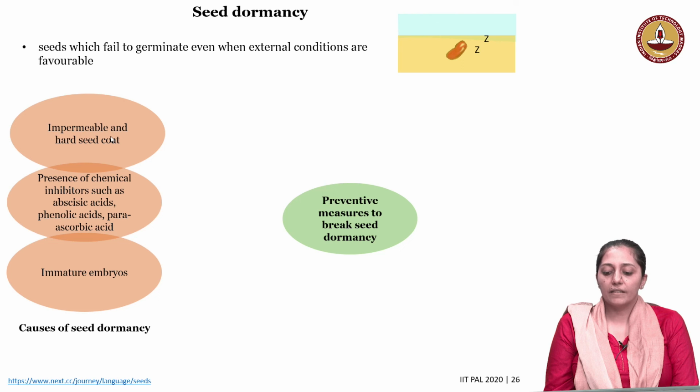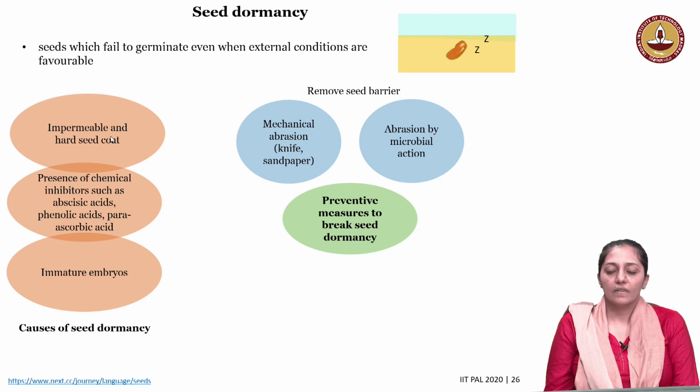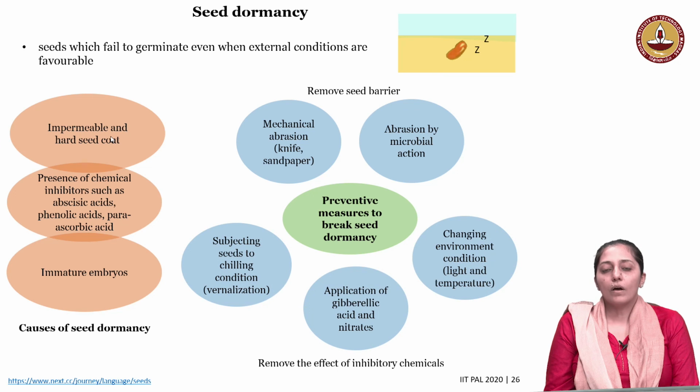So, the measures which are taken to break the seed dormancy either involve removal of the seed barrier by mechanical abrasion, either through a knife or sandpaper, or abrasion using biological agents like microbes, in which they are co-cultured or incubated for some time, which will bring about the rupture in the seed barrier, or removing the effect of the inhibitory chemicals.